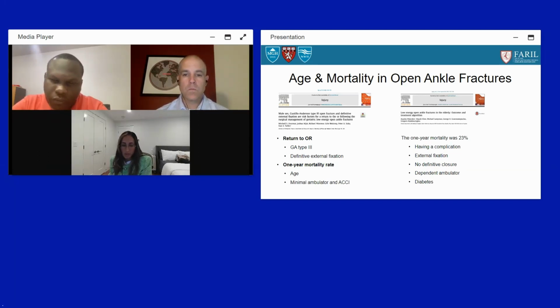Risk factors related to dying after an open ankle fracture in the elderly population are having at least one complication, which is relatively easy in this type of injury when more than 50% of patients have at least one complication, having a definitive external fixation, no definitive closure at the first surgery, not being an independent ambulator, and having diabetes.